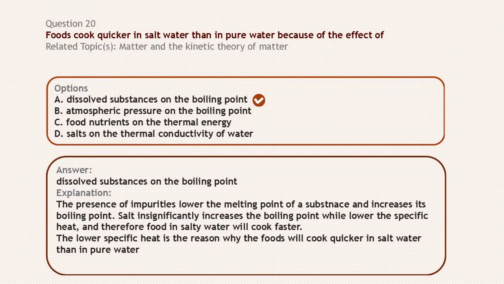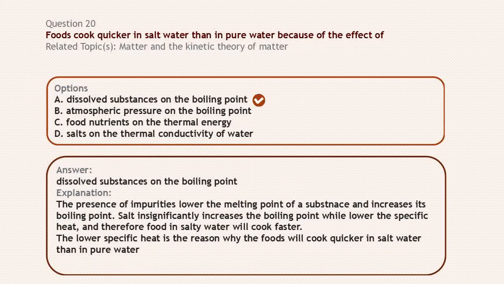You will think that the salt in the water is an impurity, so it's supposed to increase the boiling point, so the food is supposed to take time before it cooks. But there are two things happening here. The salt is increasing the boiling point while it is lowering the specific heat. Lowering the specific heat means it will take a lesser amount of heat for that water to boil. So which one is more: is it the boiling point that it is increasing, or the specific heat capacity that it is reducing?